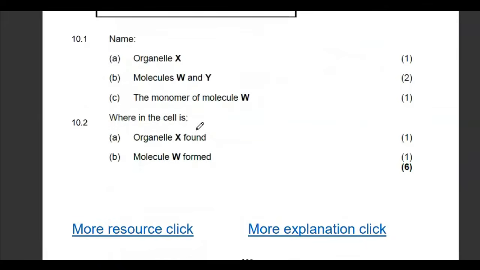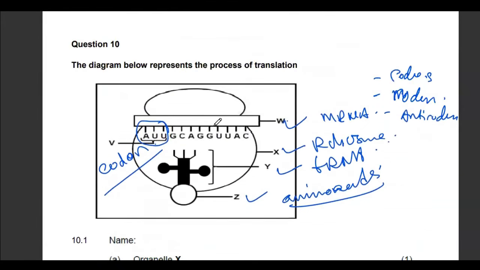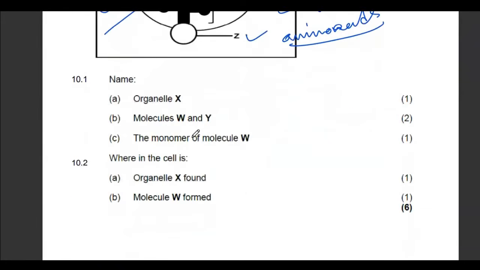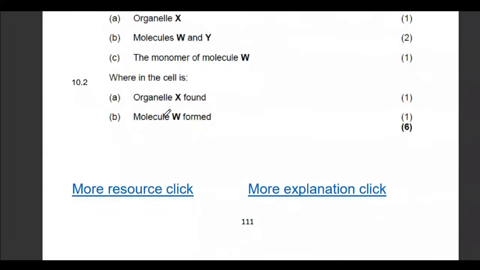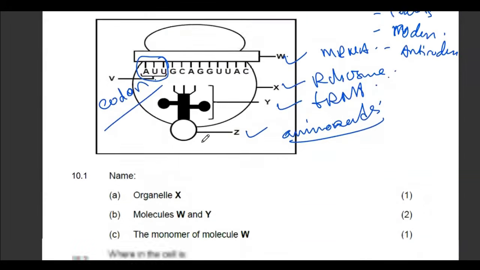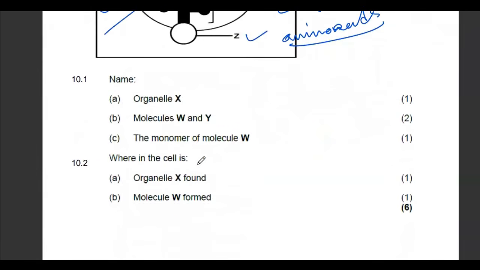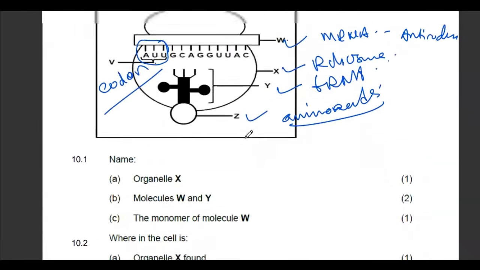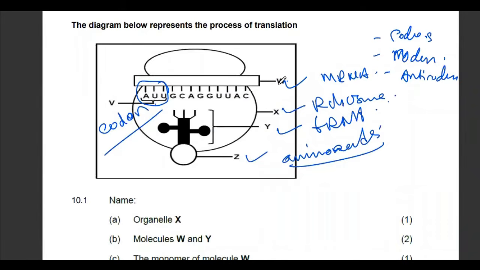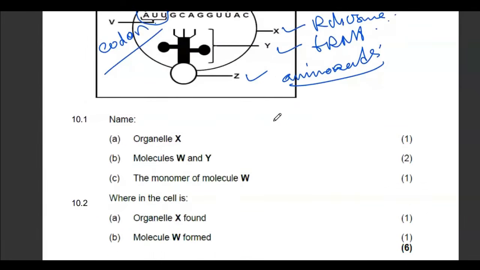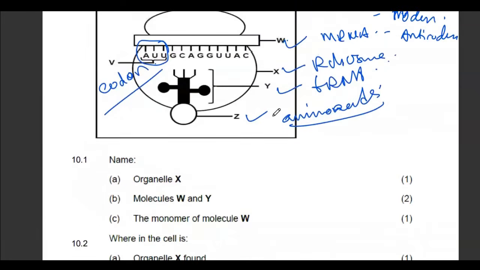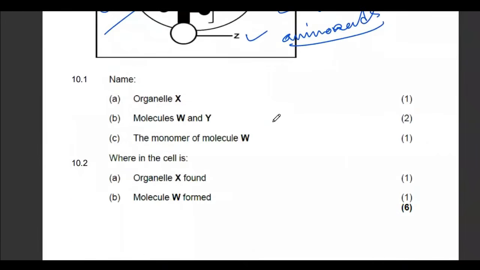We have seen it. We have seen all the questions. You see now, when you start by trying to label them, you'll be able to answer all the questions. Molecule W formed, organelle X, we have seen it, ribosome. The monomer of molecule W, remember the building blocks, that's what we call the monomer, is going to be the nucleotide.